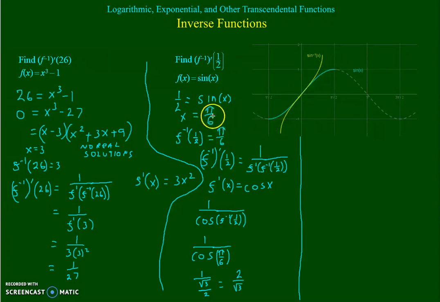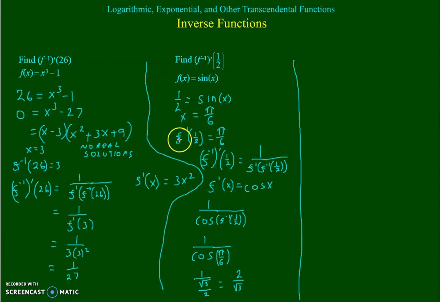Therefore, pi over 6 is the only one that has a value of positive 1/2. Therefore, f inverse at 1/2 is pi over 6. So when the input of the inverse is the output of the original, pi over 6 is the output of the inverse.